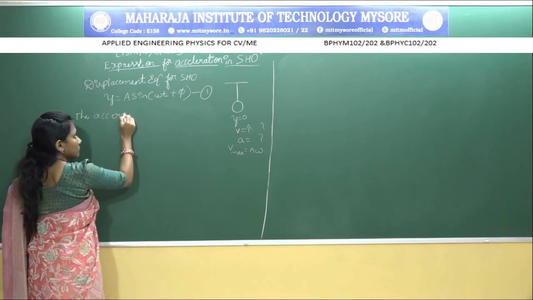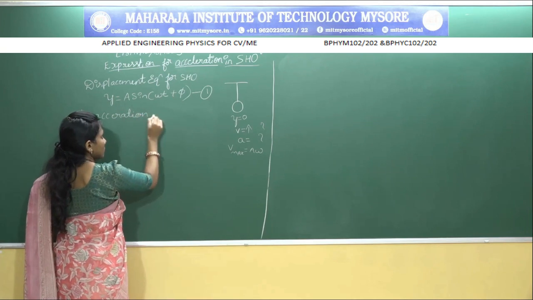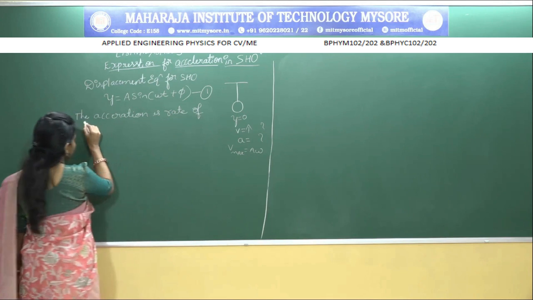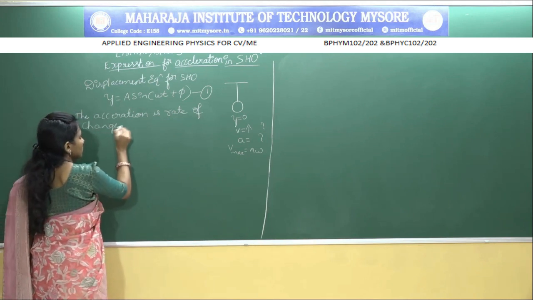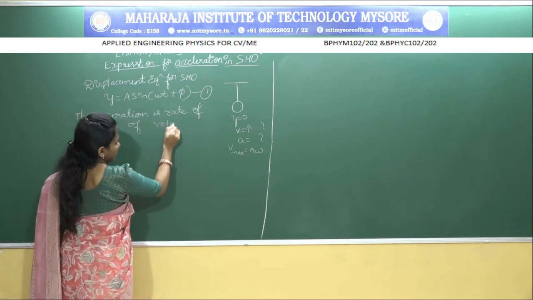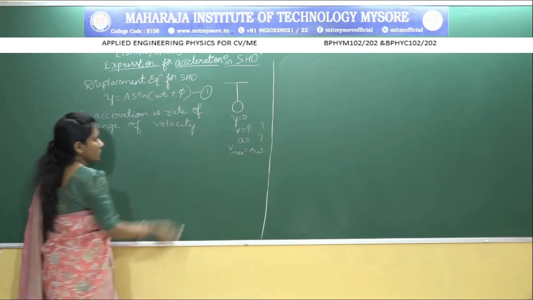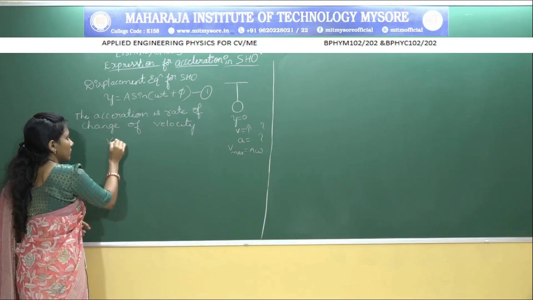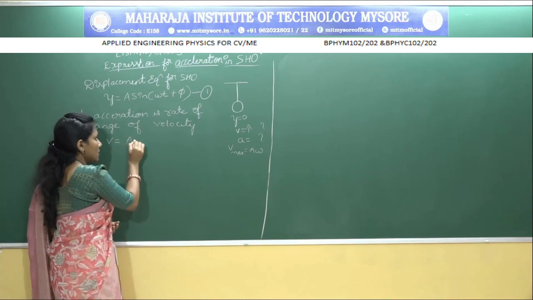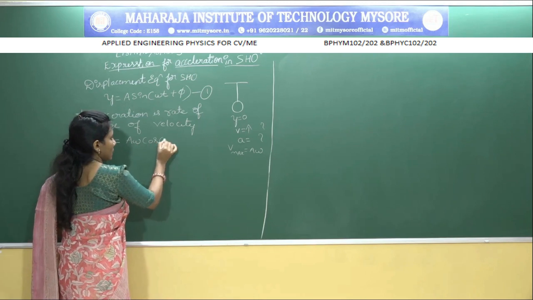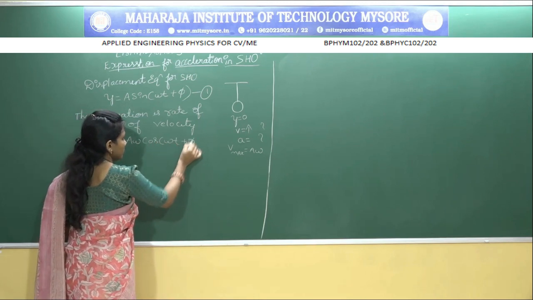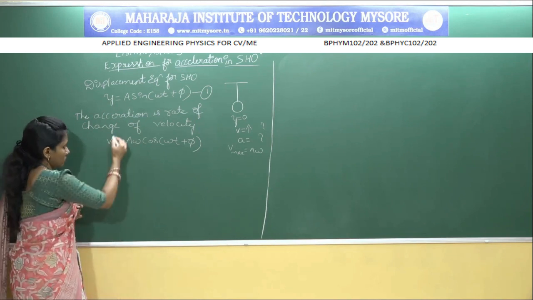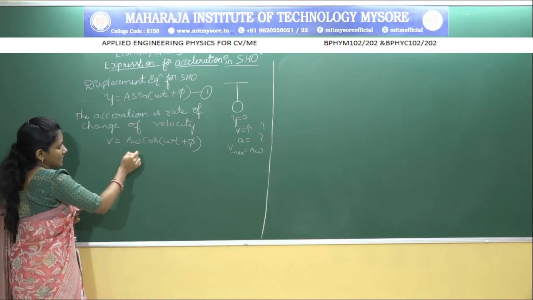The acceleration is the rate of change of velocity. If we differentiate once, we get the velocity, that is a omega cos of omega t plus phi. Again differentiate this, and that is the acceleration.